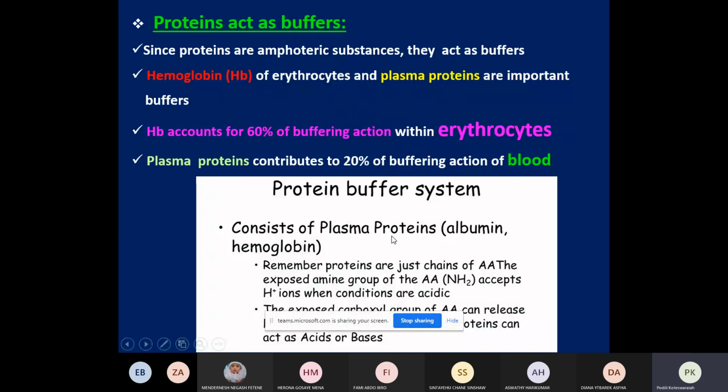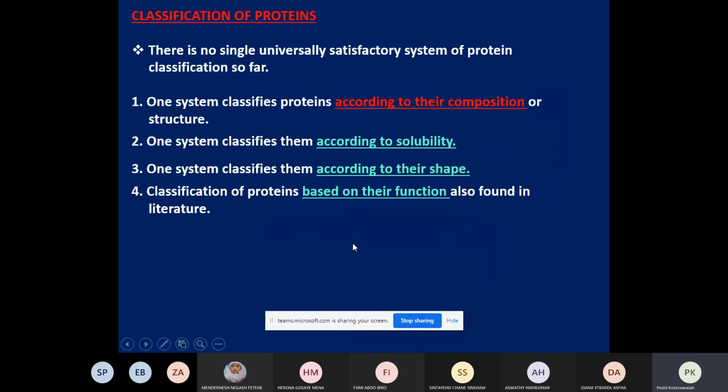You will understand how the hemoglobin regulates the pH in the next lecture, after the exam, when we take the detailed structure of hemoglobin and myoglobin, why hemoglobin is a transport protein, why myoglobin is an oxygen storage protein. There you will understand the importance of hemoglobin. It is not only transporting the oxygen, it also regulates the pH of the blood. That time we will discuss. So this is about the general properties of the proteins.